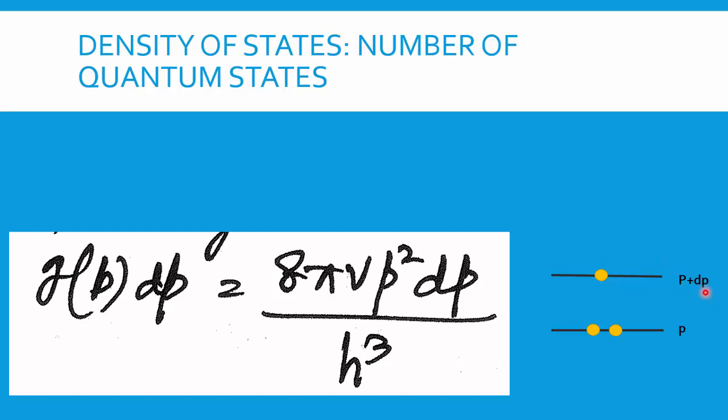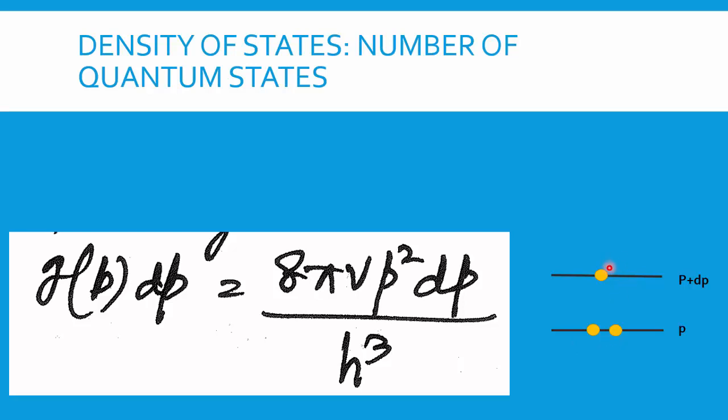So in a box with 3 particles, 2 particles have momentum P and 1 particle has a greater momentum, P plus dP. Now if I ask how many particles are there in the first momentum, I will say 2, so I can say N is 2.